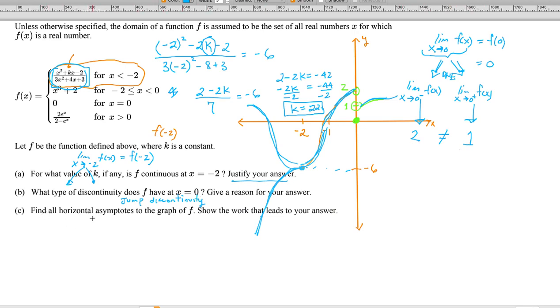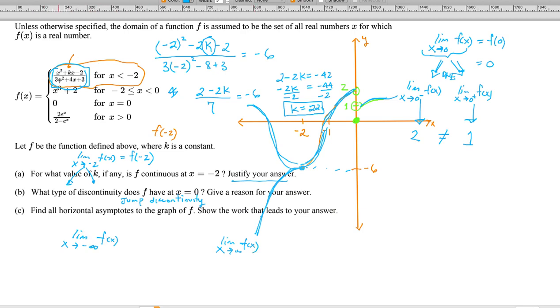Horizontal asymptotes. Okay, so now the horizontal asymptotes are going to be the limit as x goes to negative infinity of f of x, and then the other one is going to be the limit as x goes to infinity of f of x. And you want to use different pieces of f for each of these.